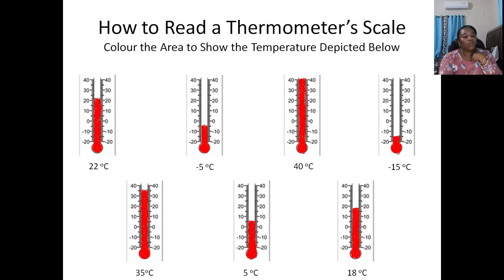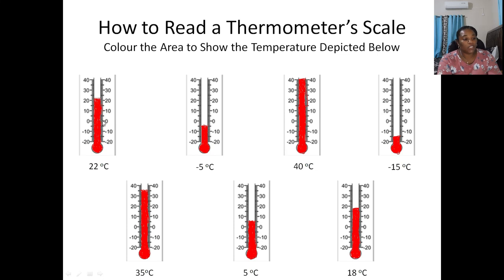Right. So when it comes to reading a calibration or a scale, just know that if you're going from 0, you always go upwards in the positive section. And if you're reading from 0 going down into the negative section, you'll be going downwards. So from 0, this would be 5 right here, then 10, so you're increasing.